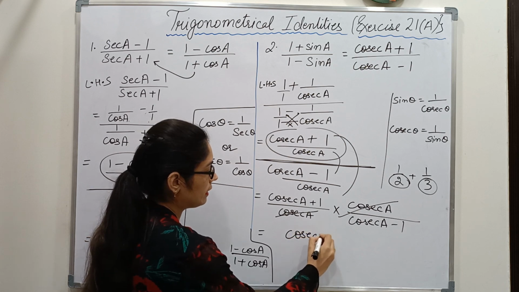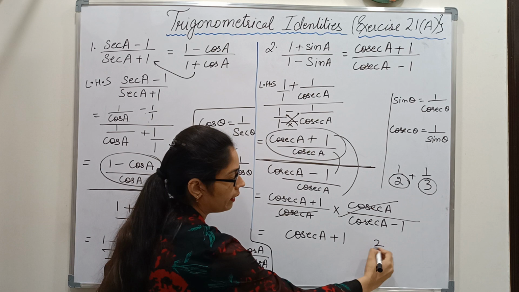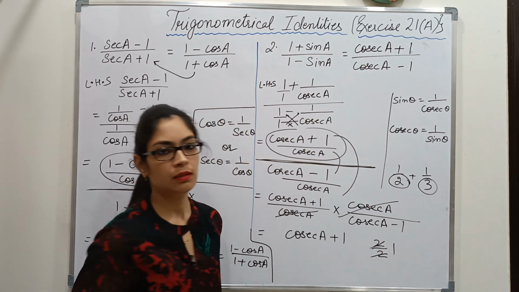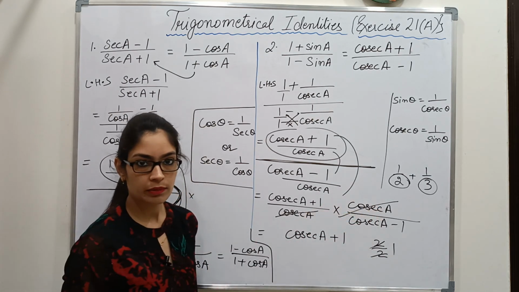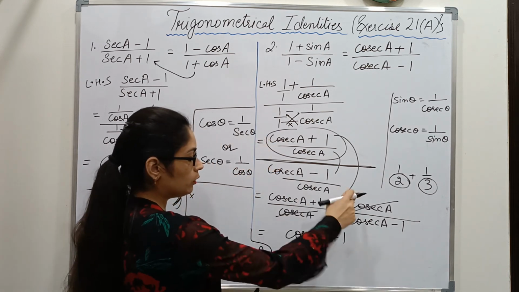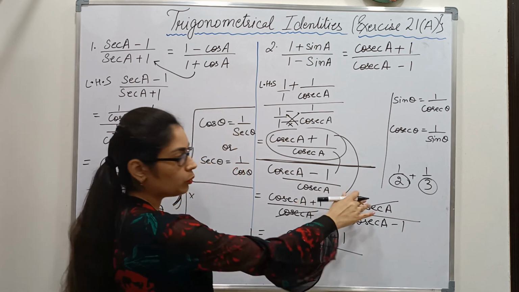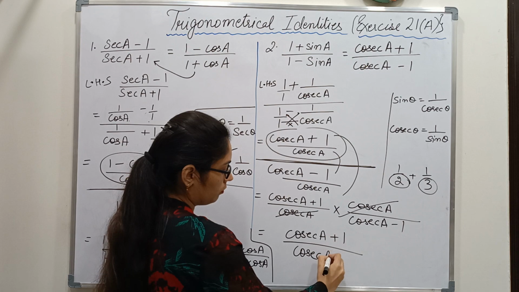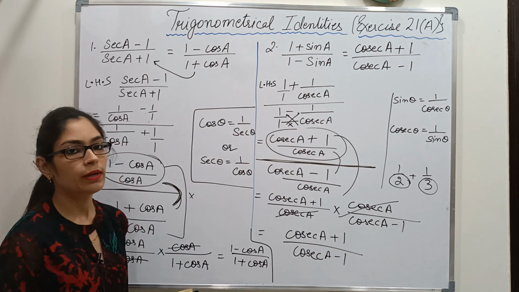So cosecant A plus 1 into, because here like 2 by 2 if we do cancellation, what do we get? 1. Same numbers, so same thing. If I am cancelling this with this one, same expression, so that means I will get 1. So this into 1, and this into 1 again. This into 1 means same expression, and again here 1. So with 1 if you multiply, same expression. So we can see this is equal to the right hand side also.